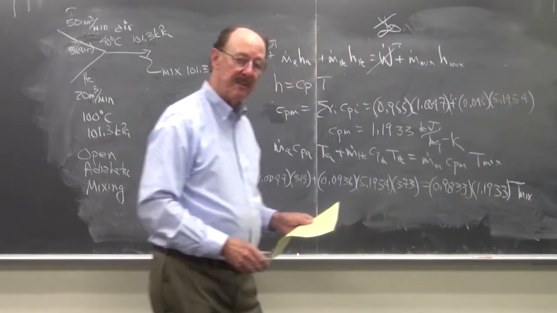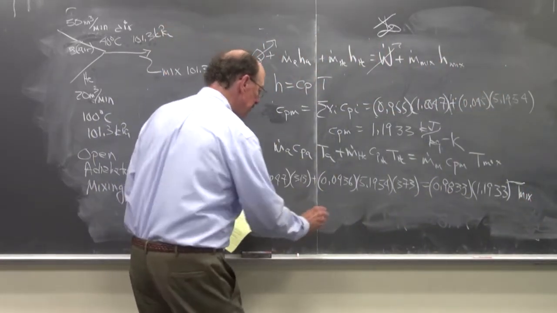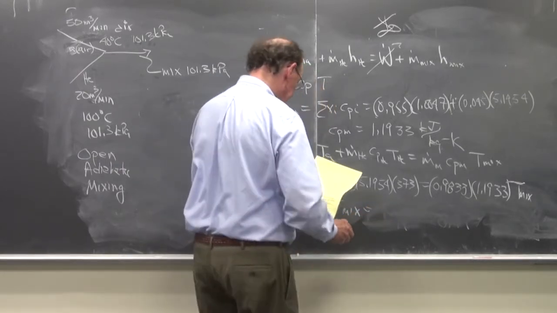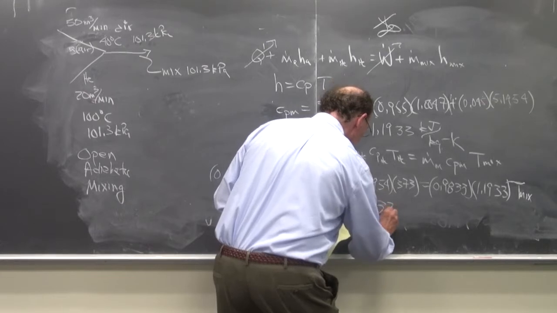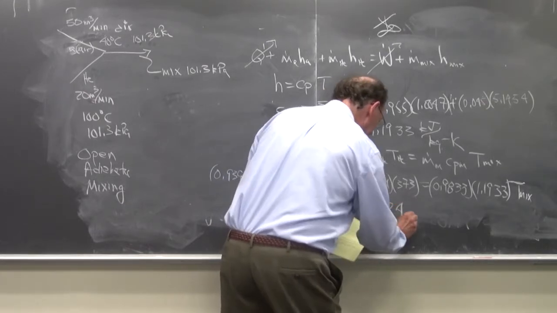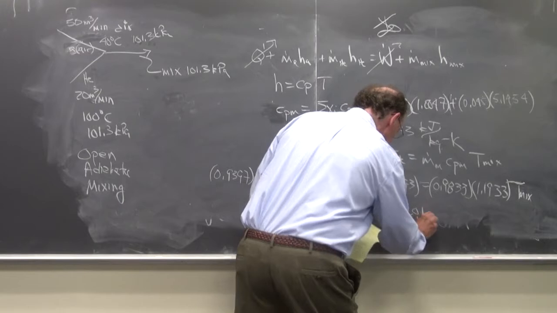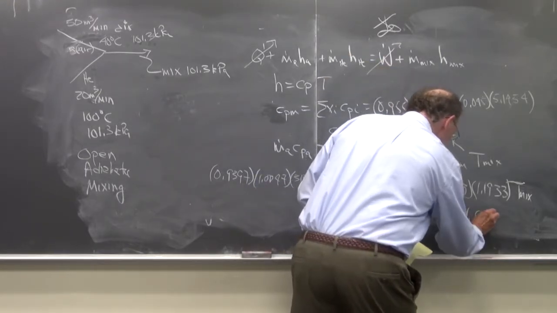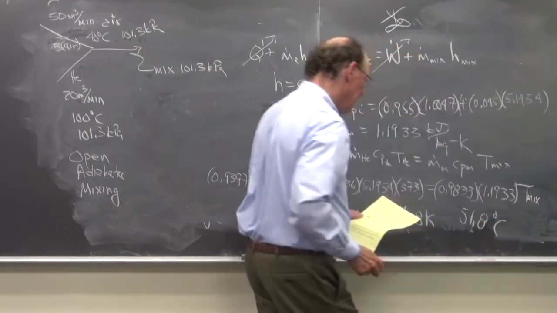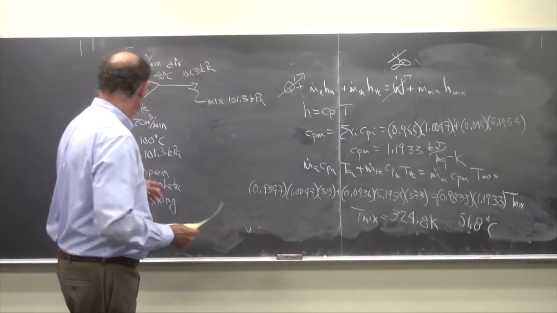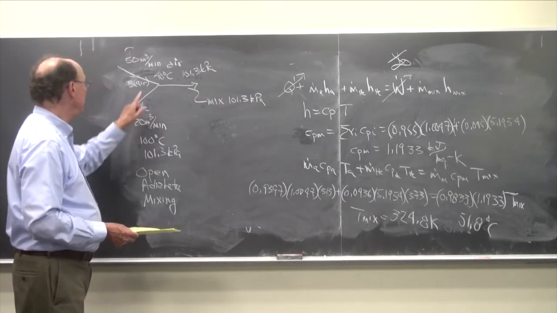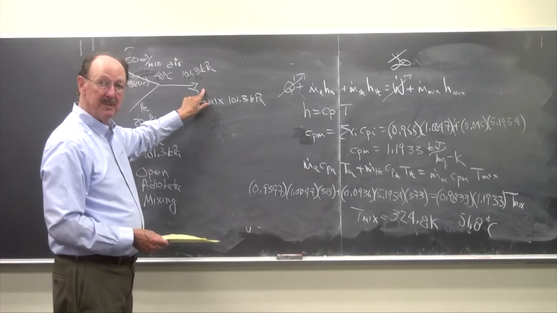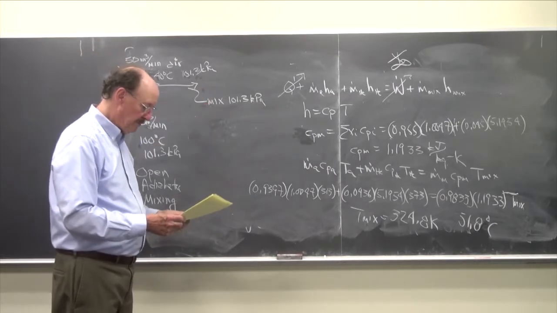If I solve for T mix, it's 324.8 degrees Kelvin, or 51.8 degrees C. So I had this coming in at 100 degrees C, this coming in at 40 degrees C, and the mixture leaves at 51.8 degrees C.